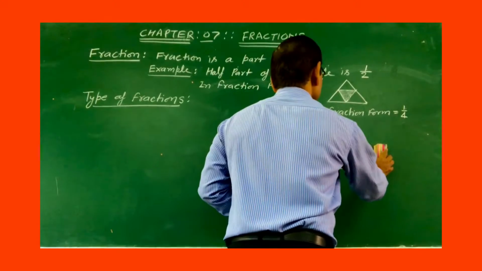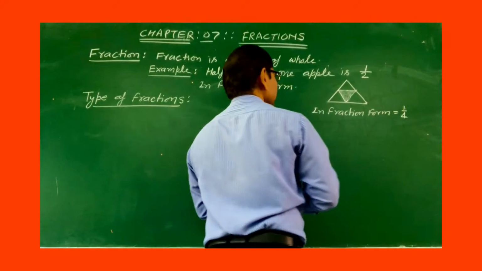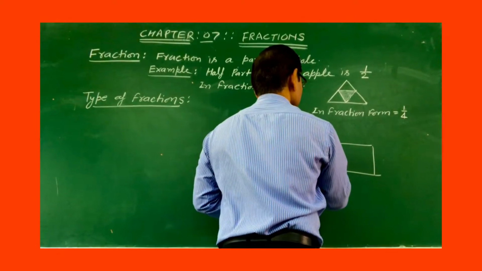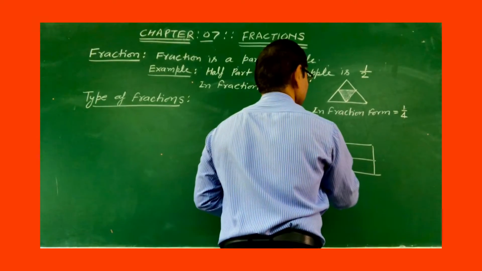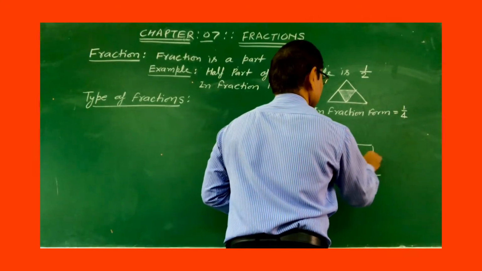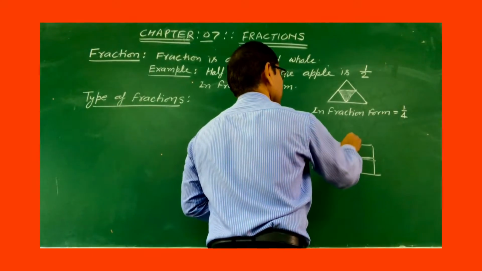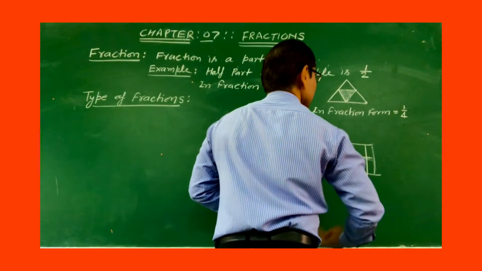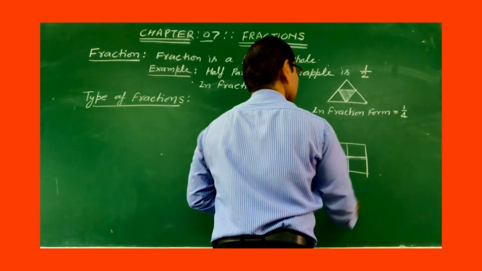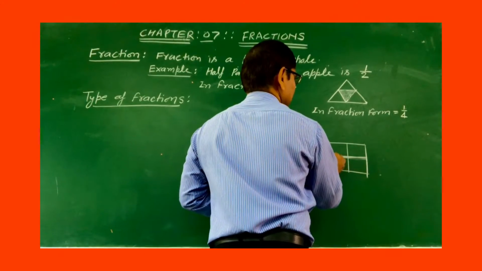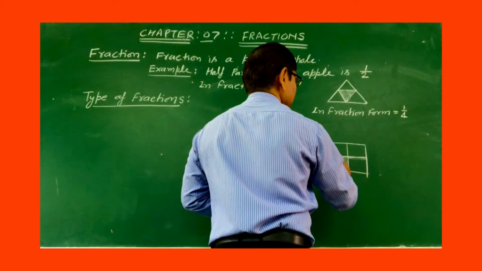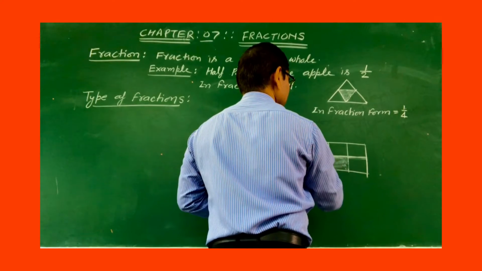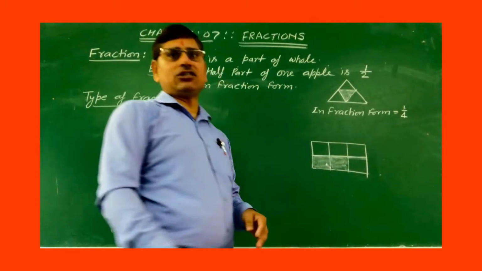Yes, you can represent this in fraction form if the shape is just like that. Now you can represent this shaded part as, sorry, not 1 by 8, 1 by 6, no, 2 by 6.